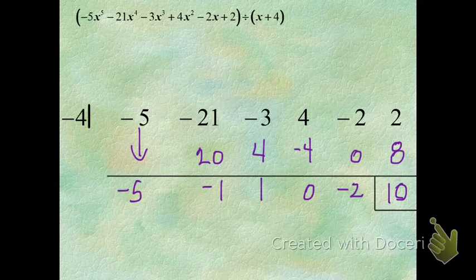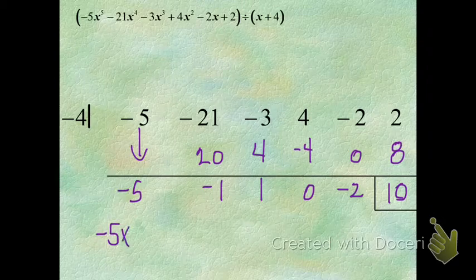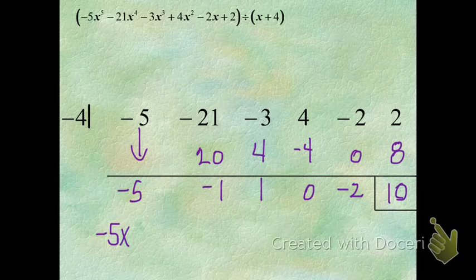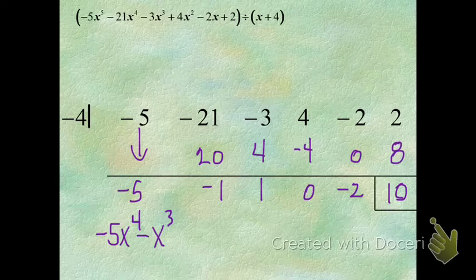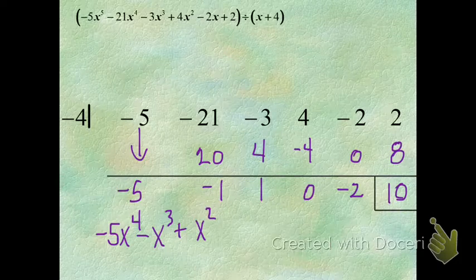Okay? All right, so your -5. What is its power going to be? -5x to the what? Fourth. Now, go in descending order. So your next one would be -1x to the 3rd, plus your x, next one is squared, plus our 0.